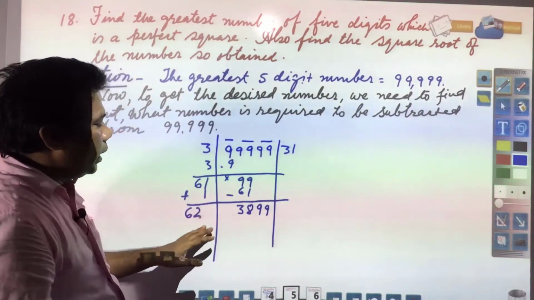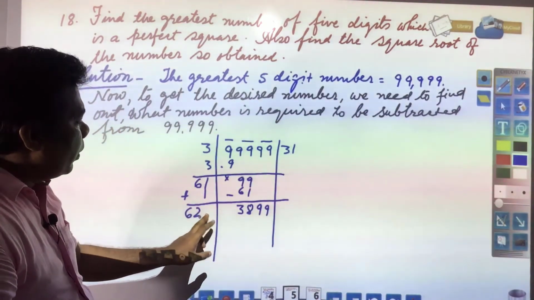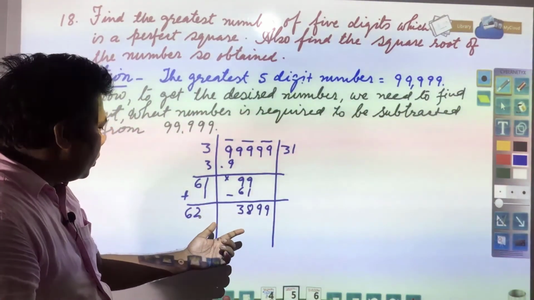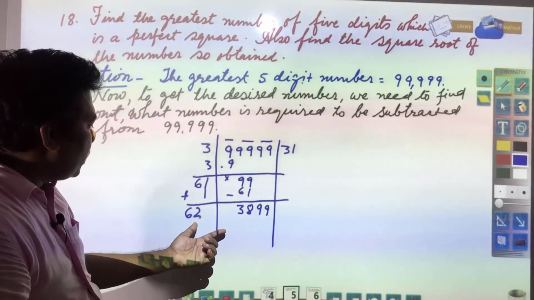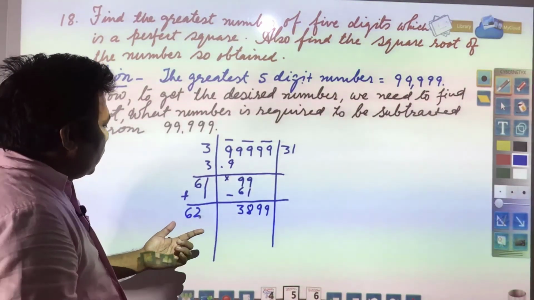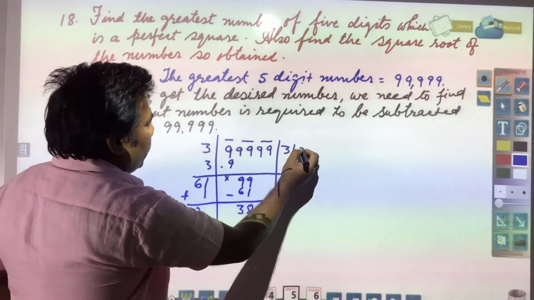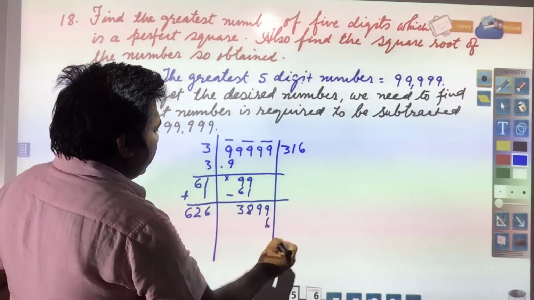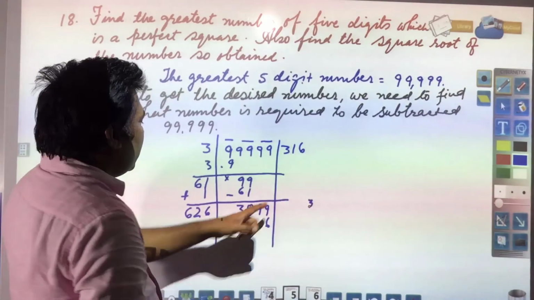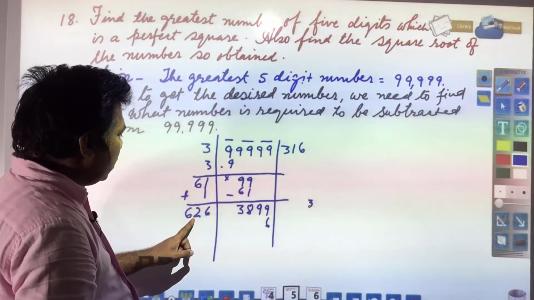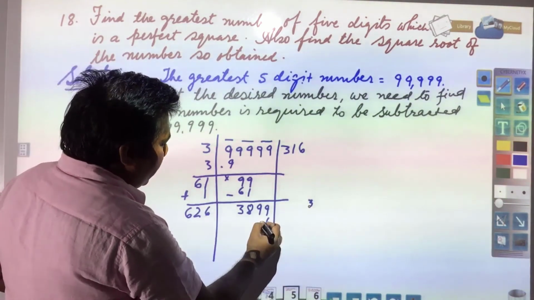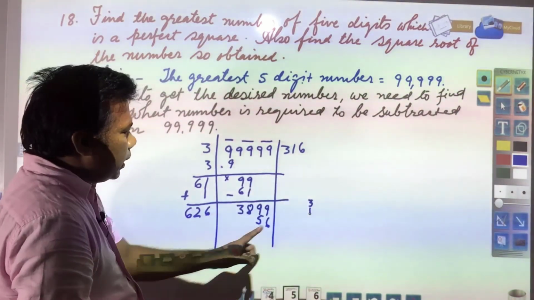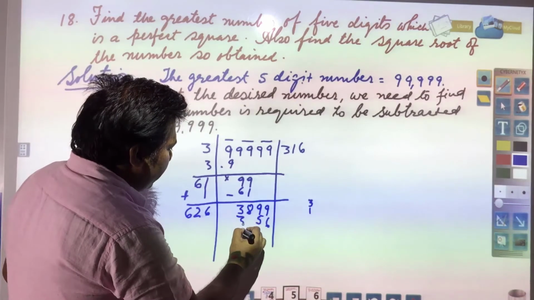Now we need to see what number is required to be written over here, so that we will get about equal to this number. So you try 6 times. 6 6s are 36, 3 you have, 6 2s are 12 and 3 is 15, 1 you have, 6 6s are 36 and 1 is 37.